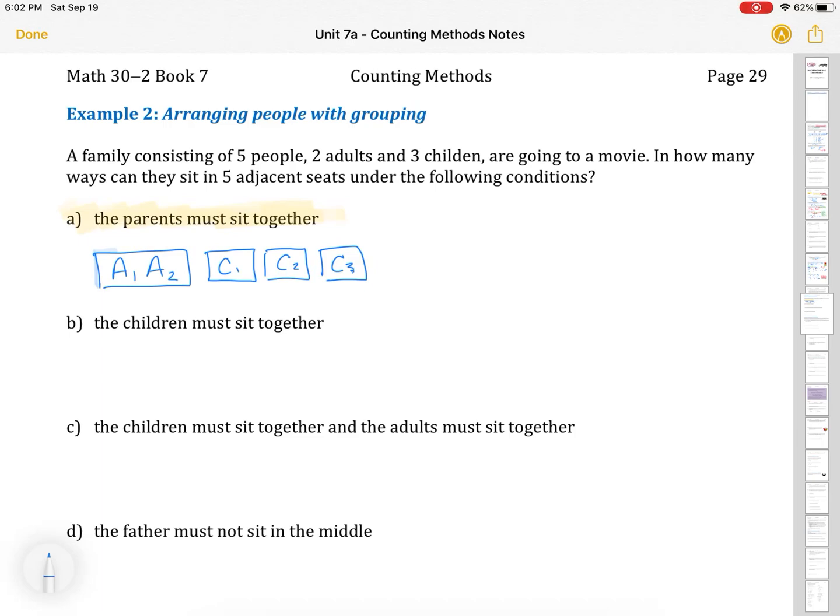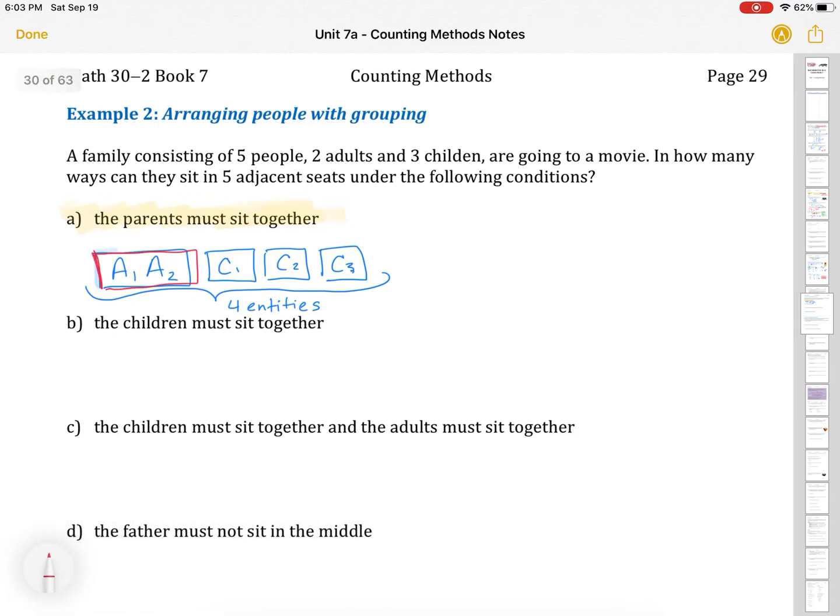And then we have 3 children, which we can map out as C1, C2, and C3. The A's are together because they're sitting together. So that means we have 4 blocks of things. I could put A1, A2 in between C1, C2, or in between C2, C3. That's fine. So here in total we have 4 entities.